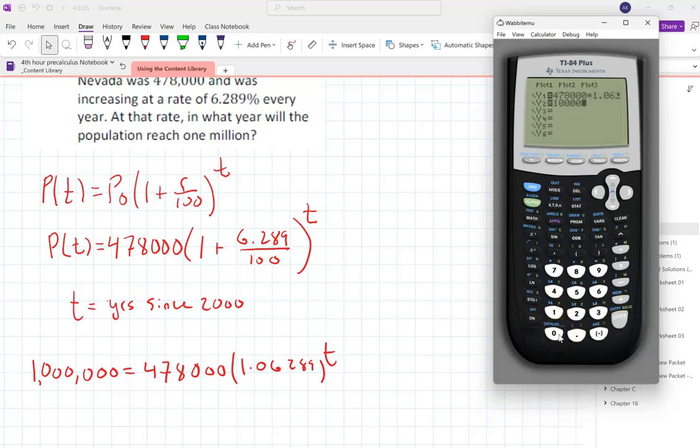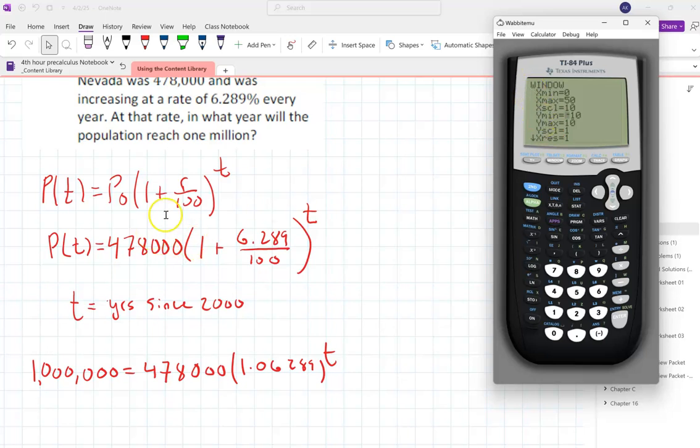Set our window. Since T is the years since 2000, I'm going to set my window from, say, 0 to 50 or so. I imagine within 50 years we're probably going to get there.